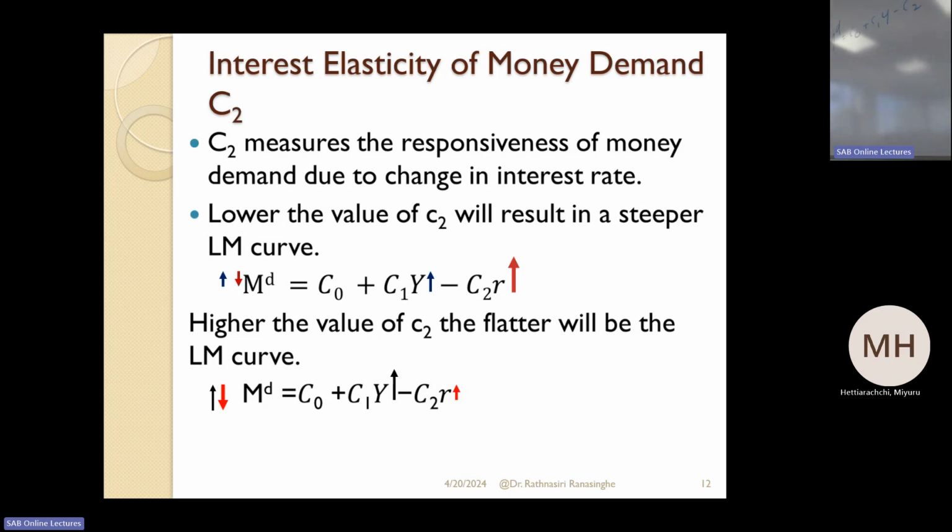When we explain the policy effectiveness, the impact on the interest rate and income, we analyze the situation when there are monetary or fiscal policies. Basically we look at the impact on income, so we look at the policy effectiveness. That is basically determined by the slope of the LM. C1 and C2 are the responsible factors in determining the slope of the LM.